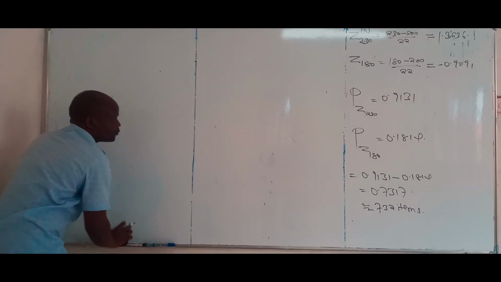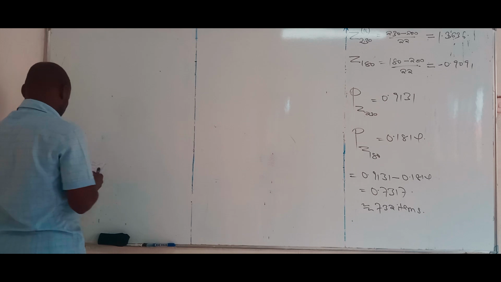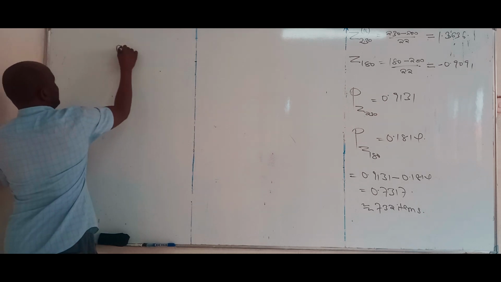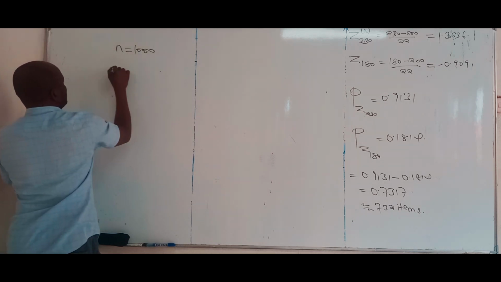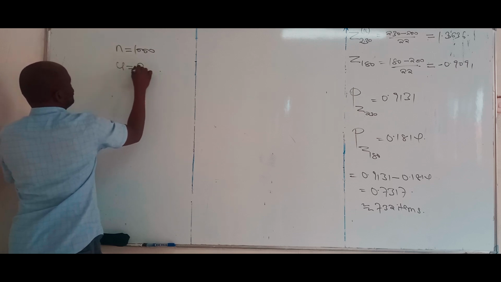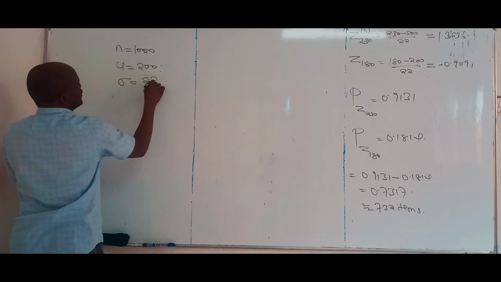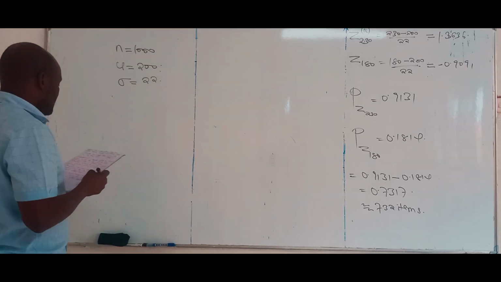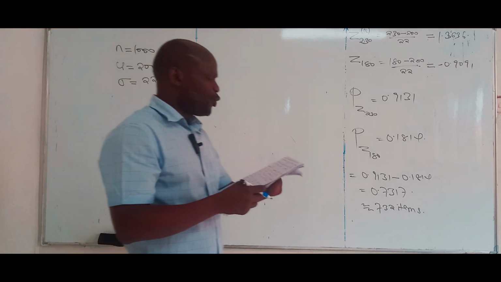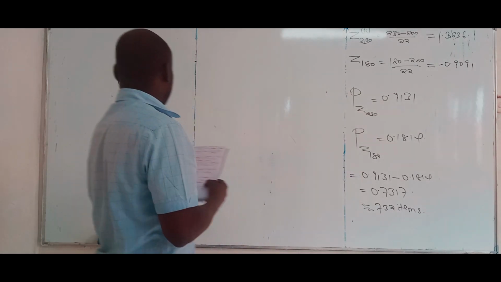Here I said N is 1,000, mean is 200, standard deviation is 22. But then I'm asked to calculate the weight below which 20% of the items fail.